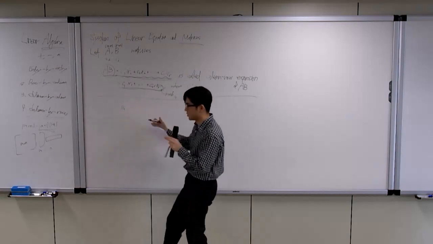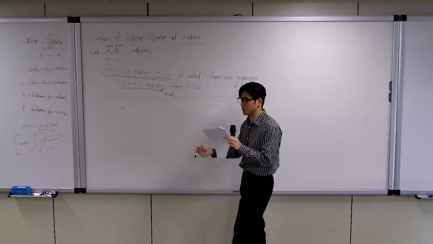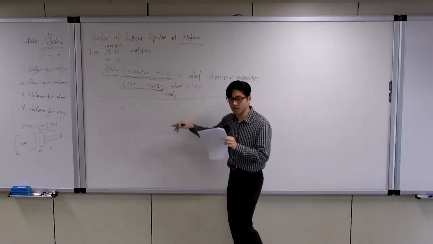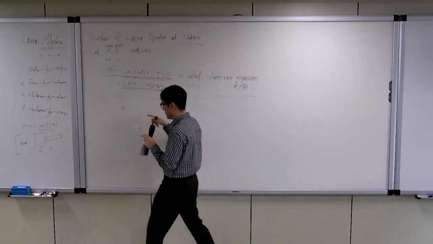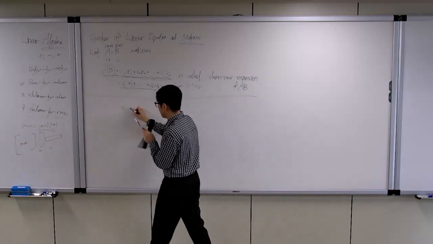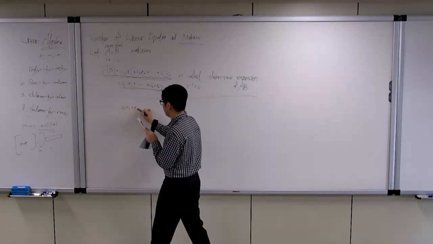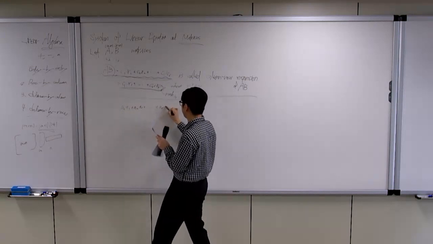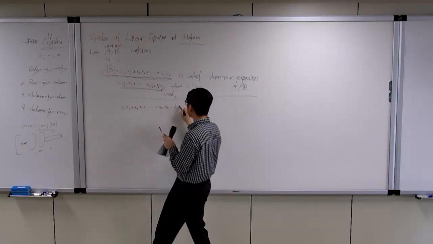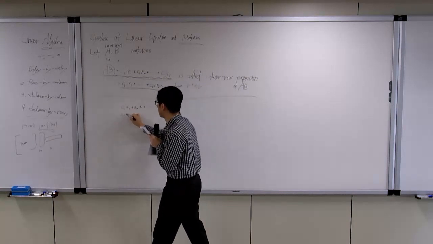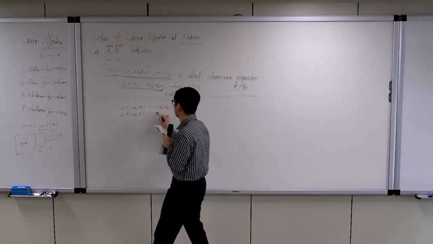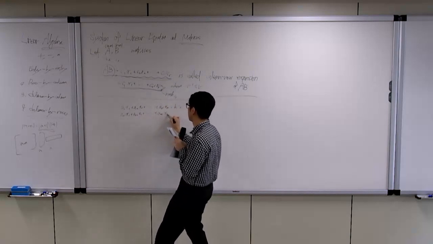For m equations with n unknowns, it will be written like this: a_i1 x1 plus a_i2 x2 plus up to a_in xn.